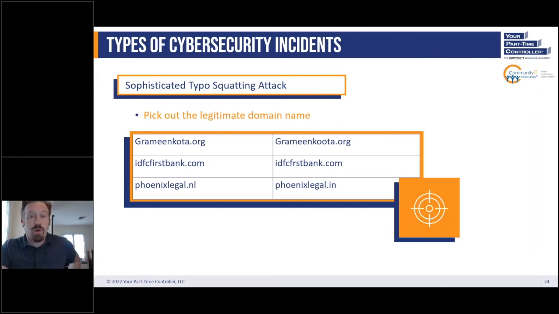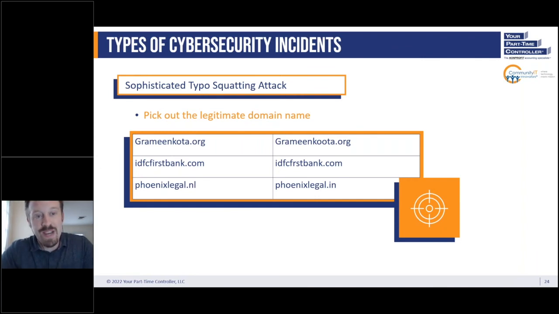So that was one example where we have a compromised account of an existing organization. And then this is an example of what is called typo squatting. With typo squatting, I'd love for you all to chat in and let me know which of these domain names are illegitimate.